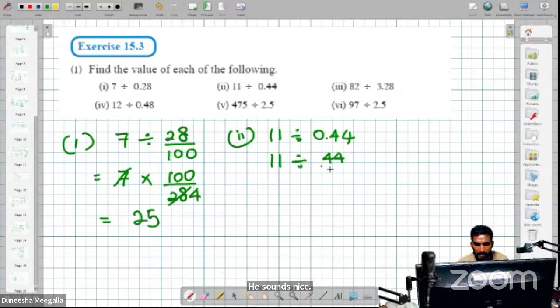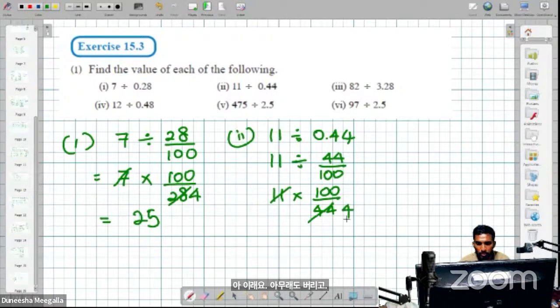Yes, 100. What is the reciprocal of it? 100 over 44. How many 11s are there in 44? 4. 100 divided by 4 is 25.